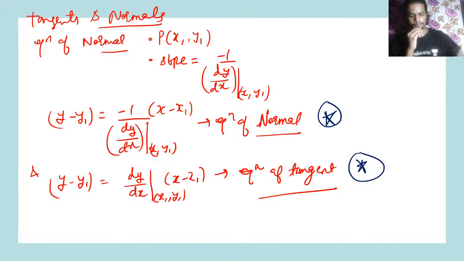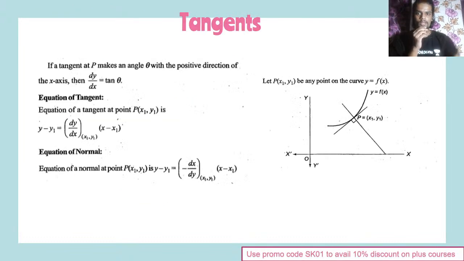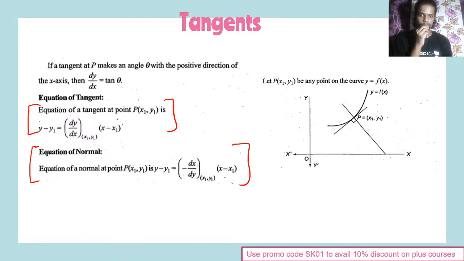Okay, fine. So this is what I taught just now. Equation of a tangent is this, and equation of normal is this.